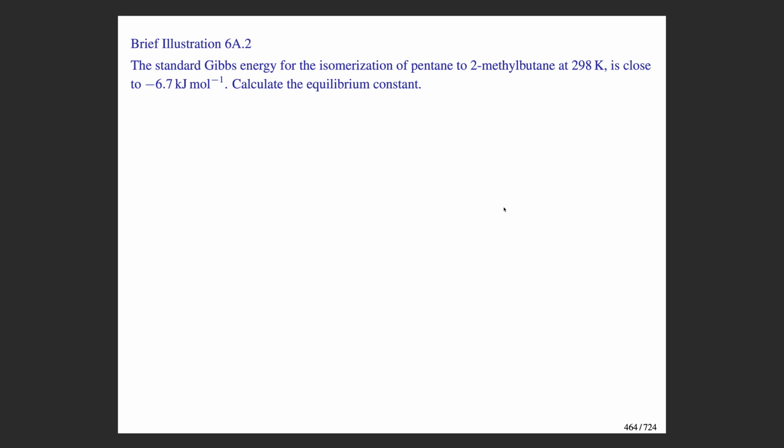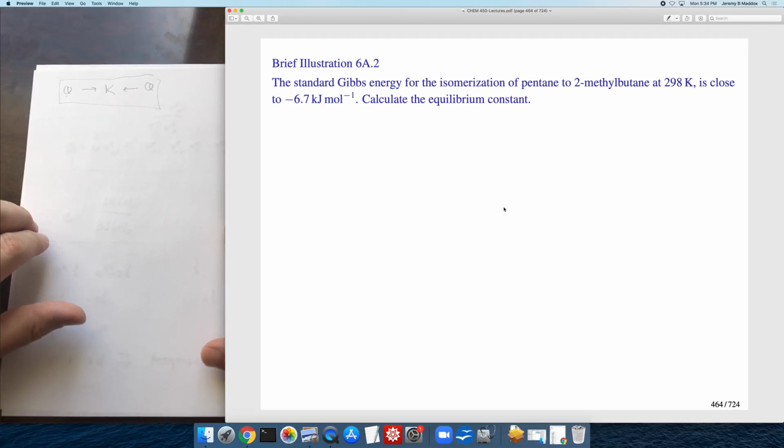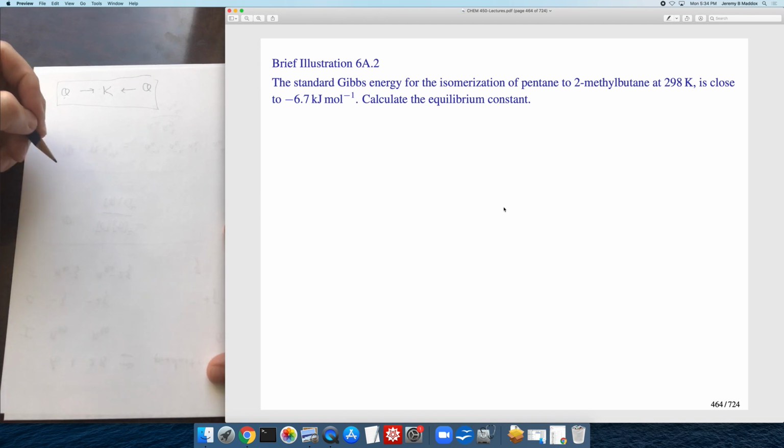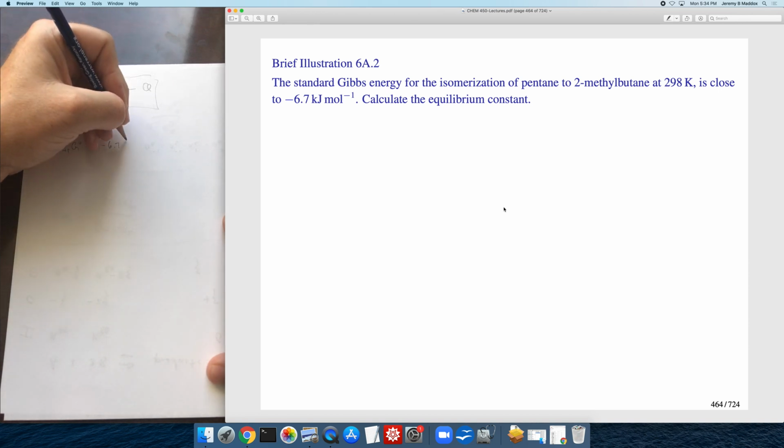So in this relatively simple problem, we're considering an isomerization reaction from pentane to 2-methylbutane. We're told that the standard Gibbs energy of reaction is negative 6.7 kilojoules per mole.